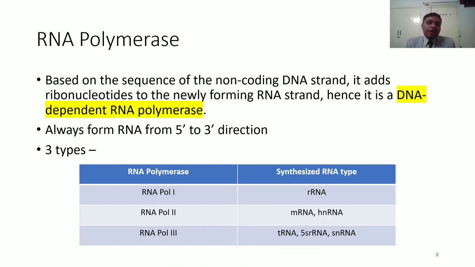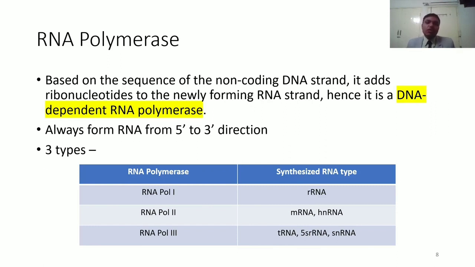What is RNA polymerase? RNA polymerase is the engine of the transcription machinery. It is a DNA dependent RNA polymerase, because it takes DNA as a template strand. That is why it is DNA dependent. It is RNA polymerase because it polymerizes ribonucleotides into RNA.